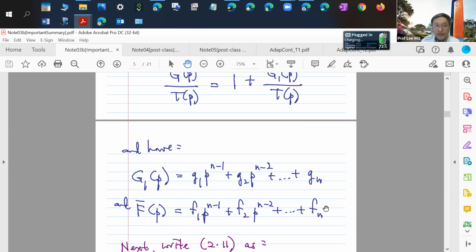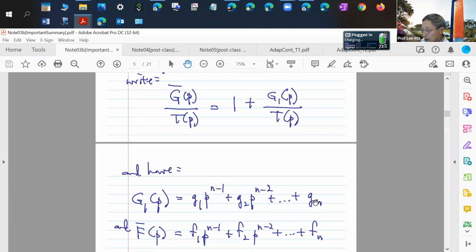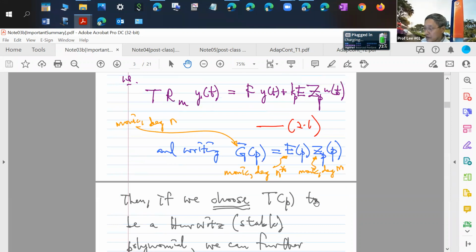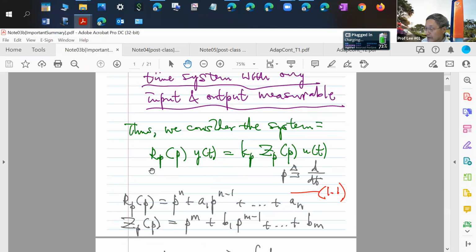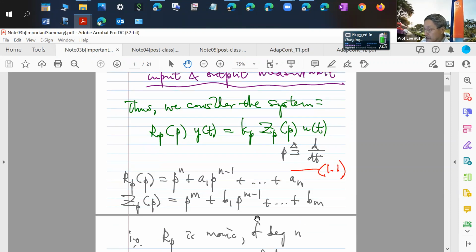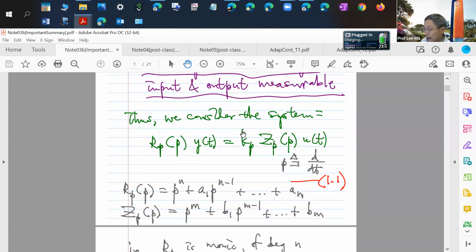Okay, most important at this stage is to see that these are actual numbers: G1, G2 to Gn, so n numbers down here, another n numbers down here. If you go backwards to how we began, we began with the system we're trying to control, okay? And this has basically the n degree polynomial, and this also the m degree polynomial, all these numbers in there and the Kp.